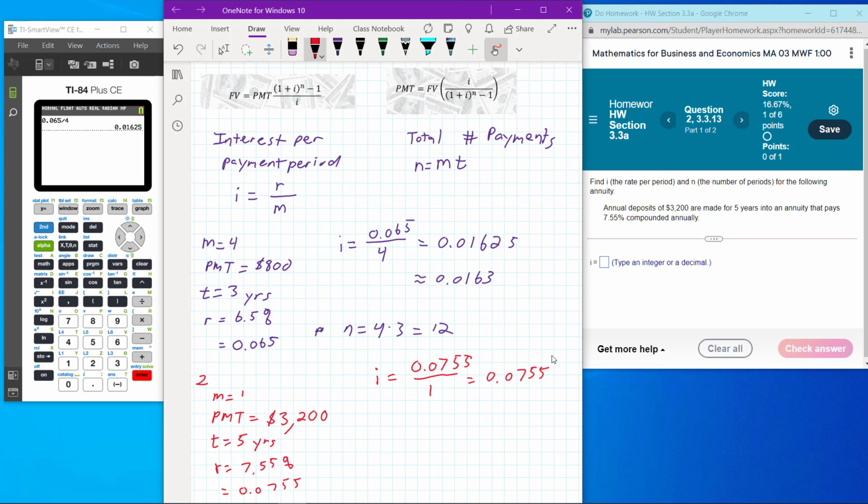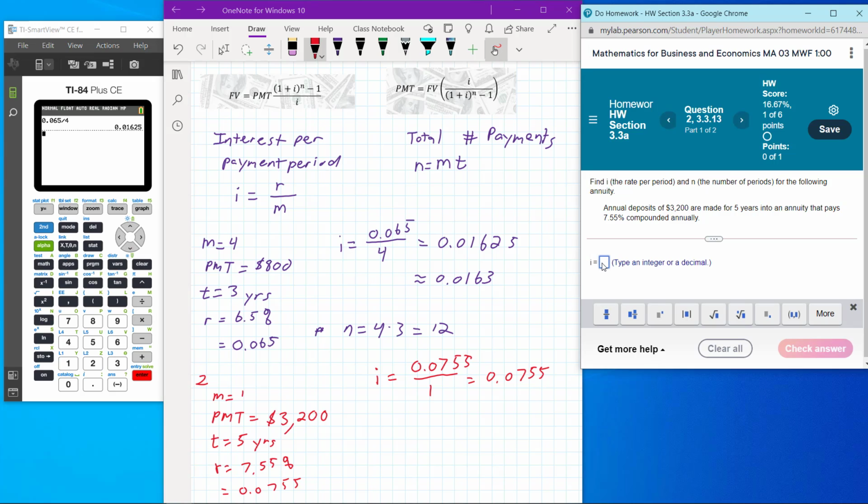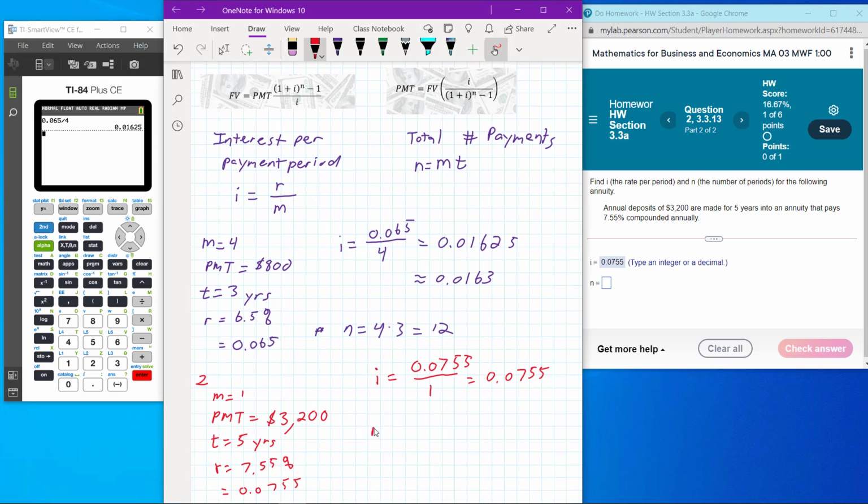So let's go ahead and do that. 0.0755. There you go. Now for N, well, once again, N is going to be equal to the number of payments per year, which is 1, times the total number of years, which is 5. So this is just 1 times 5, or 5 total payments. So we have a 5 here.